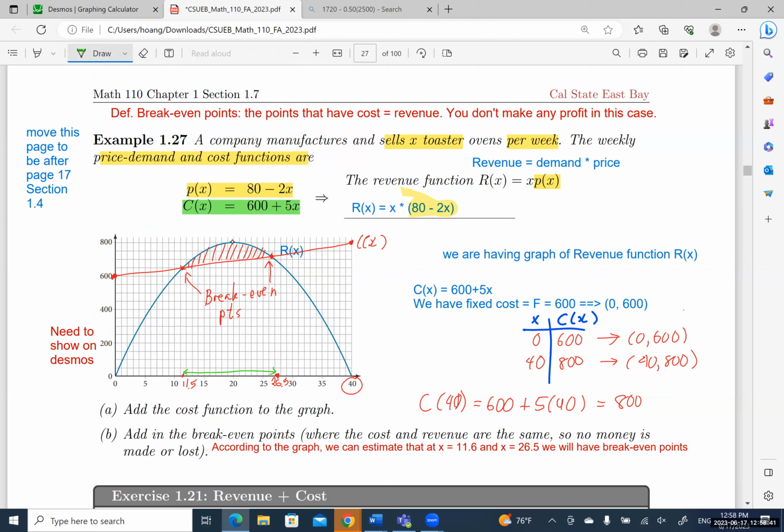So when demand is between these two numbers, you will make profit. You will make profit here.